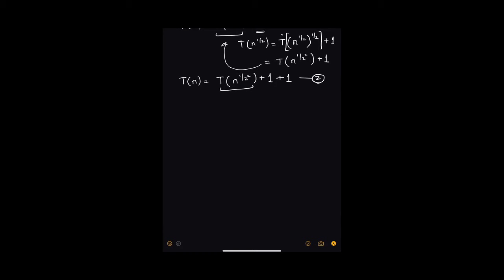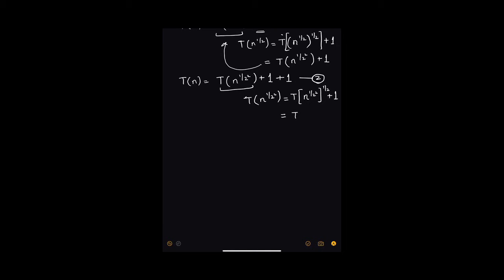Now I want the value of T(n raised to the power of 1 by 2 whole square). We will be putting this in my equation 1. So I would be getting T(n raised to the power of 1 by 2 square) is equal to T(n raised to the power of 1 by 2 square into 1 by 2) plus 1.